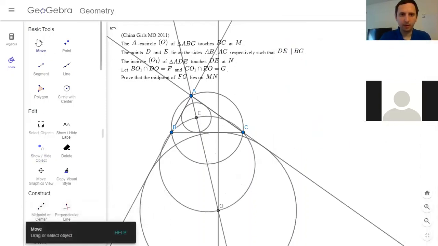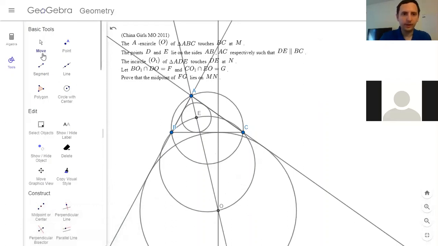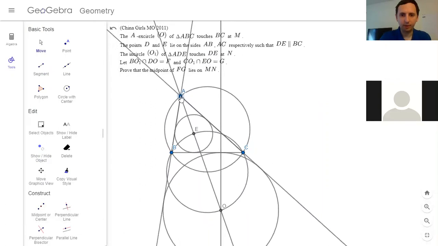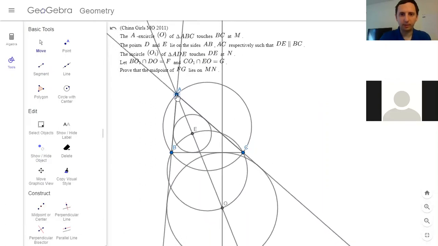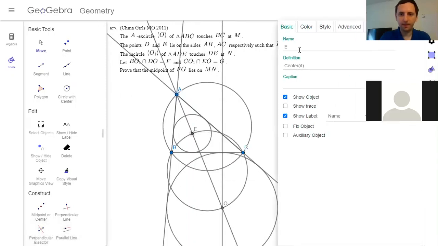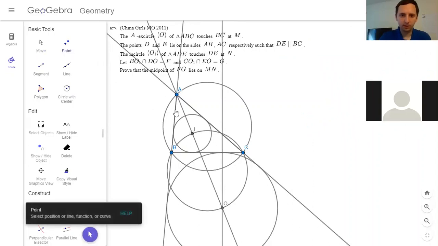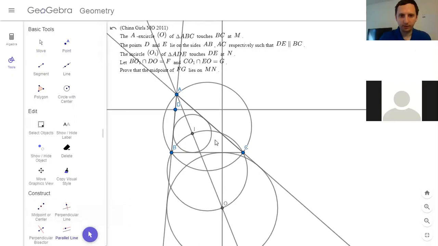Okay, so D and E are really any 2 points, so that DE is parallel to BC. So let me call this I, and it's already D. It's pretty nice.